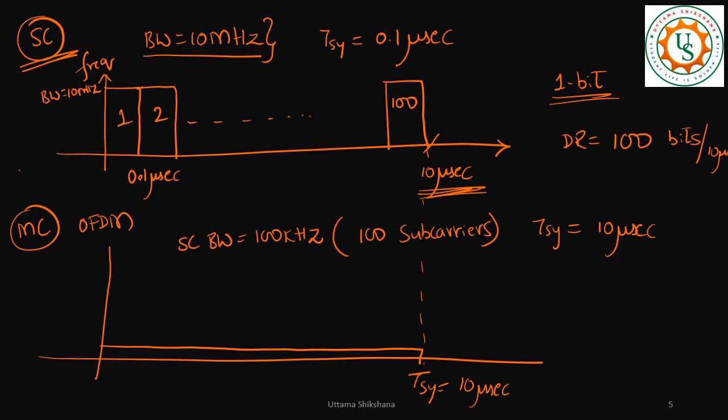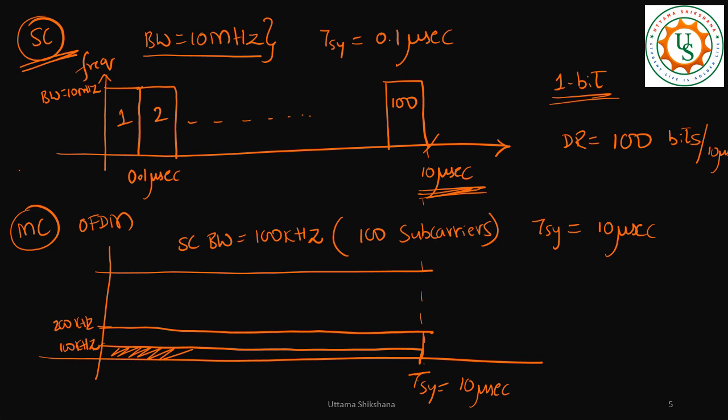One particular subcarrier here is just 100 kilohertz, and at 200 kilohertz there will be one more. Like that, up to 10 megahertz, we will have a total of 100 subcarriers stacked up in frequency. In the single carrier case, the symbols are stacked up in the time domain, but here they are stacked up in the frequency domain.